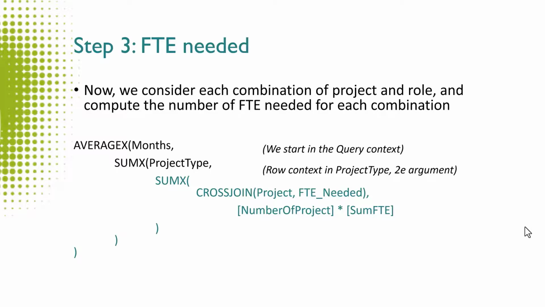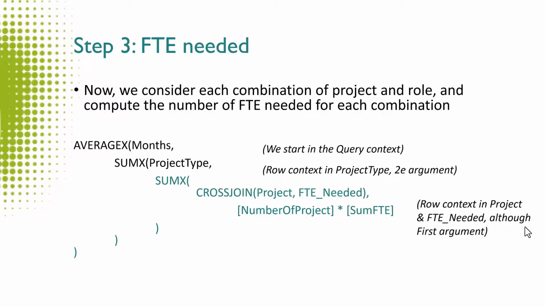And in the last one, where we calculate our number of projects times the sum FTA, we still are in a row context. And remember, in a row context, there is no way that a relationship can propagate your filter. So whatever it is, it's just a single row. And that means we get totals and not the ones we had to filter.